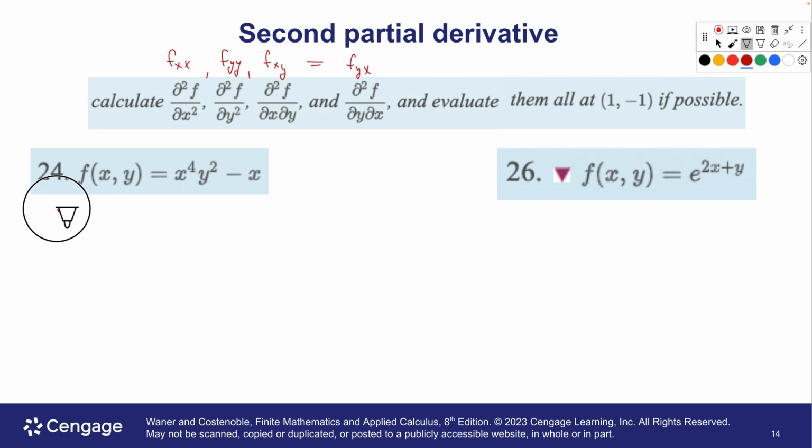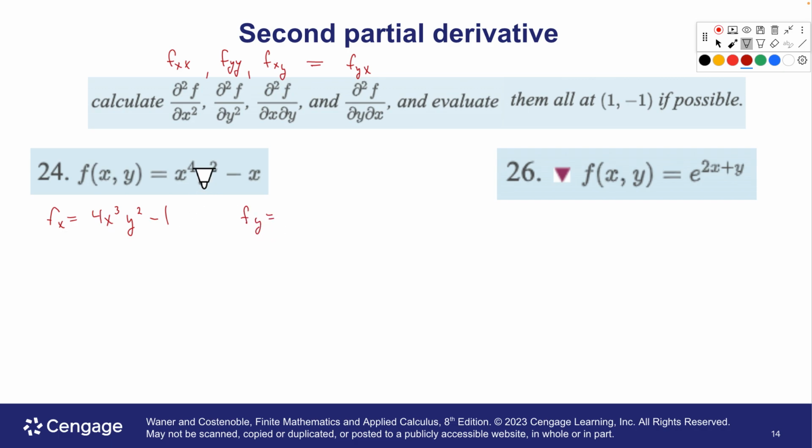Okay. So first off, we need the derivative with respect to x. We're going to need the derivative with respect to y. Now, these are not part of our answer because they only want the second. So the derivative we get with respect to x, we get the 4 coming down, x to the third power. We get y squared just tags along for the ride. Derivative of x is 1, so we get minus 1. So that's the partial with respect to x, the first derivative.